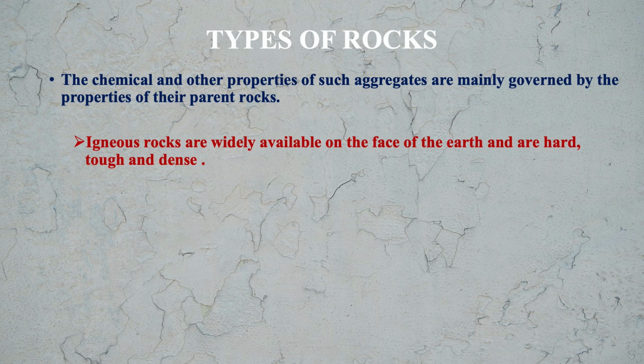The chemical and other properties of such aggregates are mainly governed by the properties of their parent rocks. Igneous rocks are widely available on the face of the earth and are hard, tough and dense. Generally the aggregates are taken from the igneous rocks because they provide very good quality aggregate.